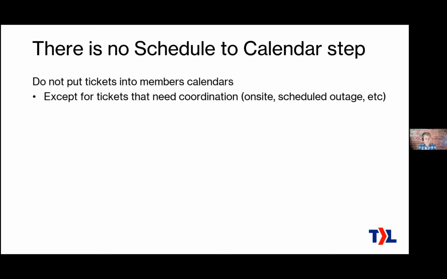So that can be a lot of work, actually. But the big problem is that when things don't go according to plan, which happens all the time, it requires even more work. You have to take it out of the calendar and then put it back into the calendar somewhere else. That's a lot of work for the project manager.